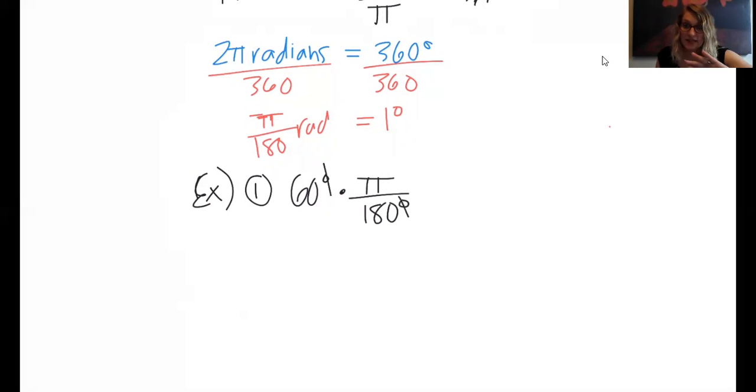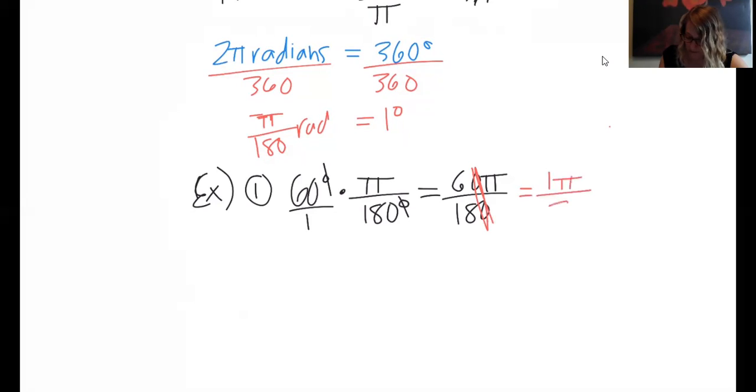There are pi radians and 180 degrees. If I multiply straight across, I get 60 pi over 180. And you basically just have to reduce your fractions. So I can divide by 10. And 6 over 18 is the same thing as 1/3. I divide both of those by 3. So the common way of writing radians is like pi over something. So 60 degrees is the same thing as pi over 3.